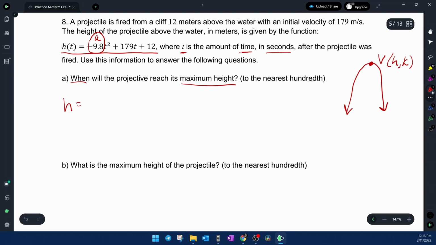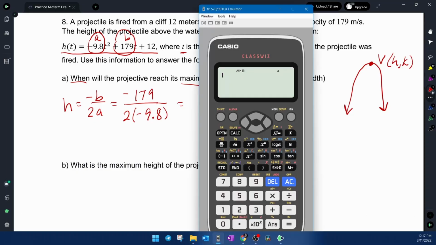And so we're going to be looking for the value of h from our vertex. We know that h is negative b over 2a, which in this case b is 179. So that would be minus 179 over 2a, which is negative 9.8. And then if we work that out with our calculator as a fraction, we have negative 179 over 2 times negative 9.8 and equals.